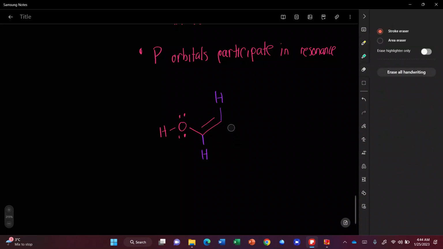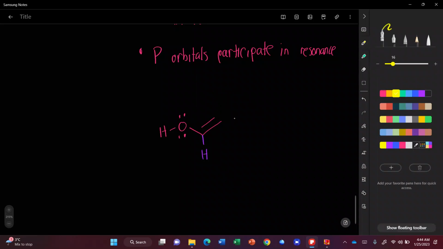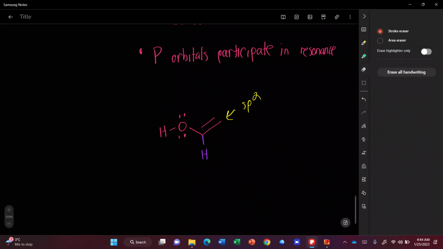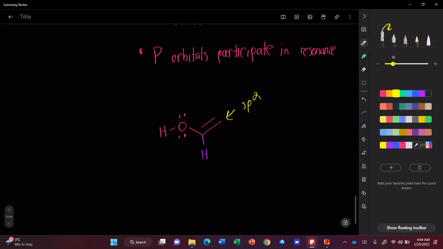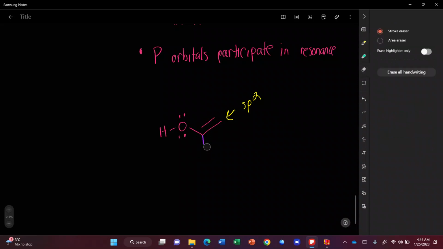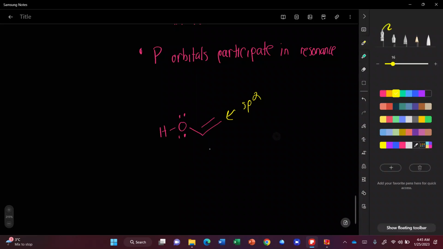Three bonding domains, never breaks any rules. So this carbon is sp2. This middle carbon is going to have 1, 2, 3 bonding domains, meaning it also is going to be sp2 hybridized.